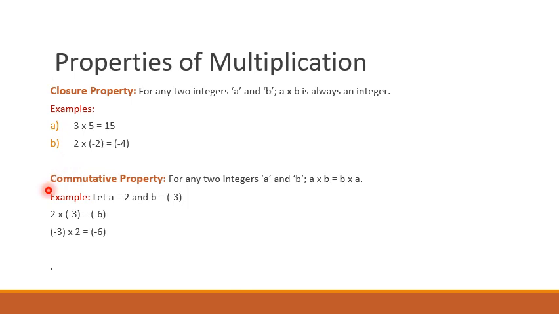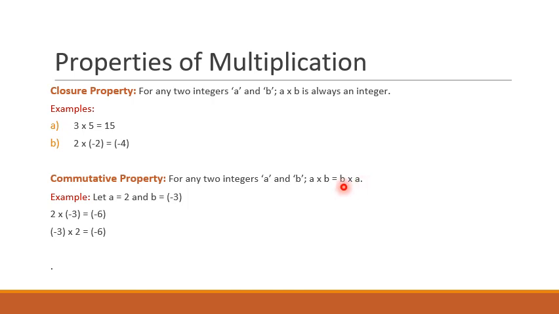Now let's move to the next property, which is commutative property of multiplication. This property says for any two integers a and b, the product a multiplied by b is equal to the product b multiplied by a.